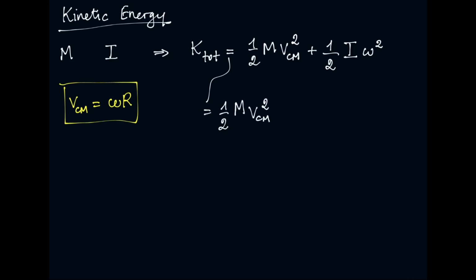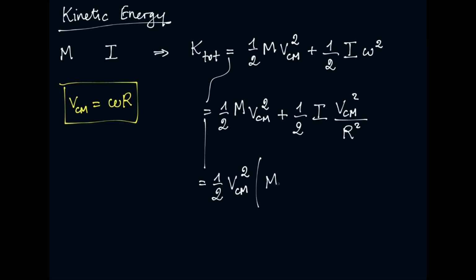We rewrite this as before, but we write this one as I, and look, v of the center of mass squared divided by r squared. And so I can factor out the v of the center of mass squared, that multiplies this sum, m plus I over r squared.